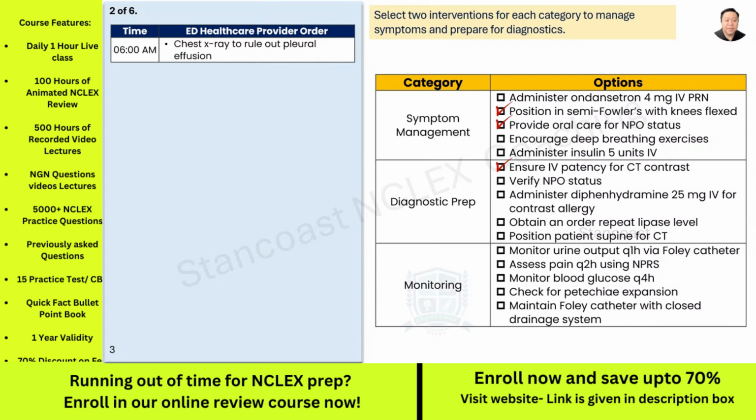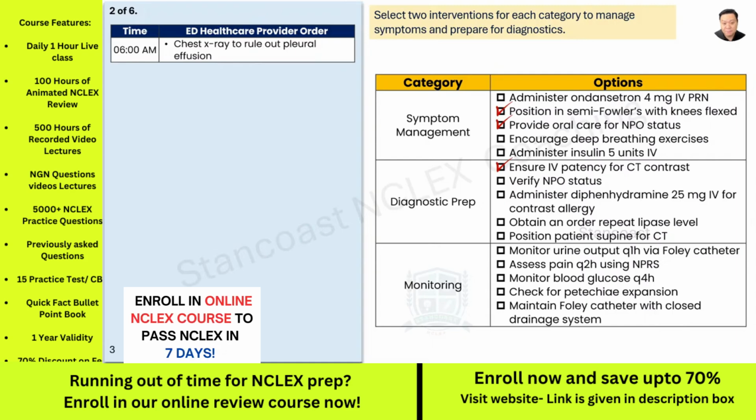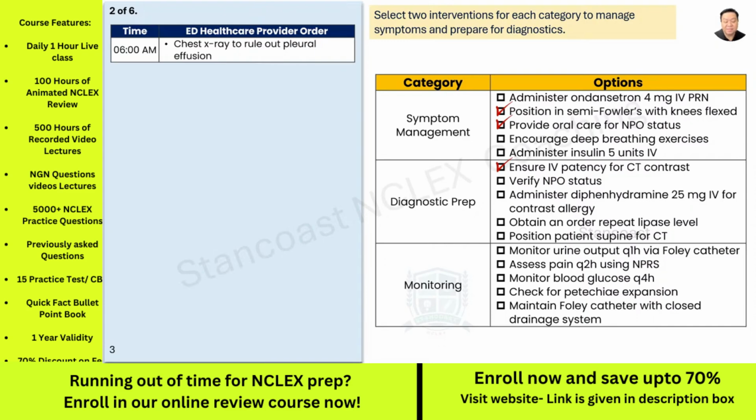And if there's failure in checking the patency, this can delay any infusion that was supposed to be given already. It's also going to delay the CAT scan procedure. It possibly can lead to canceling because of no patent IV access.